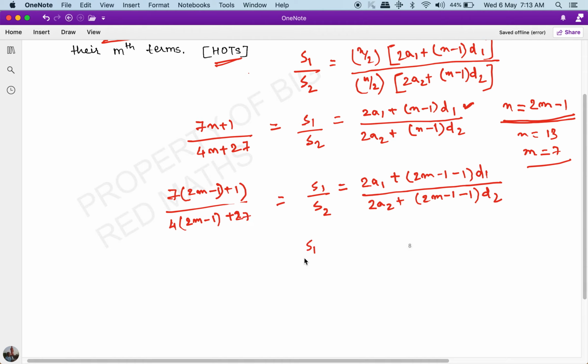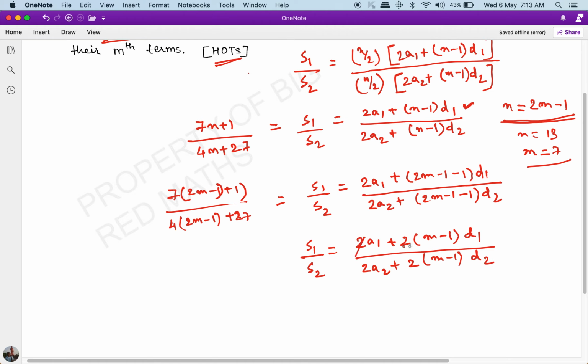The same S1 upon S2 holds even now, but the left side becomes 2a1 plus 2 times m minus 1 into d1, divided by 2a2 plus 2 times m minus 1 into d2.